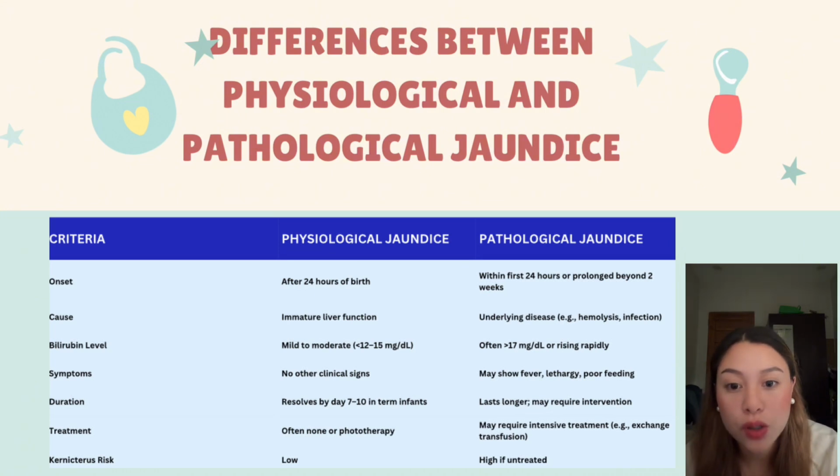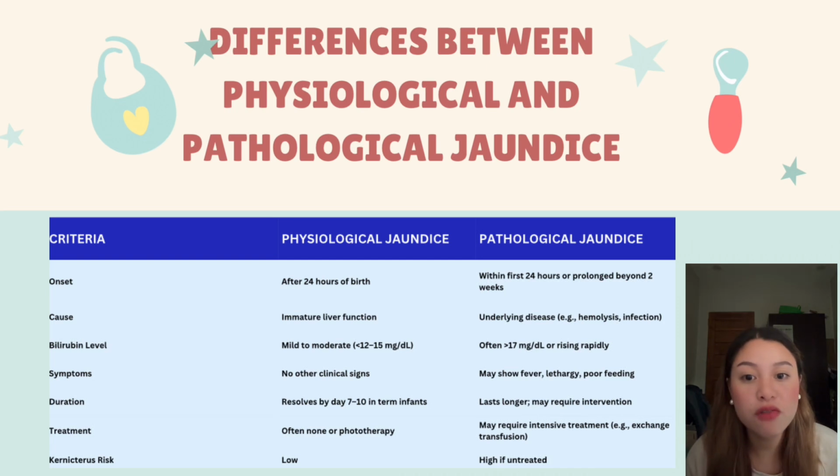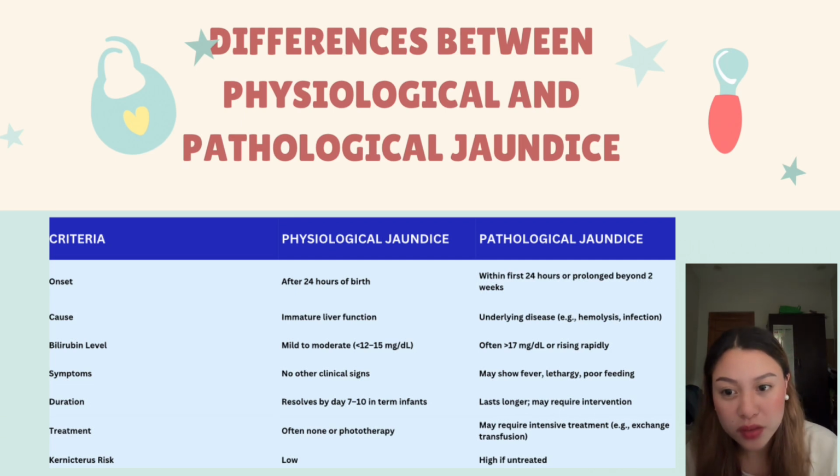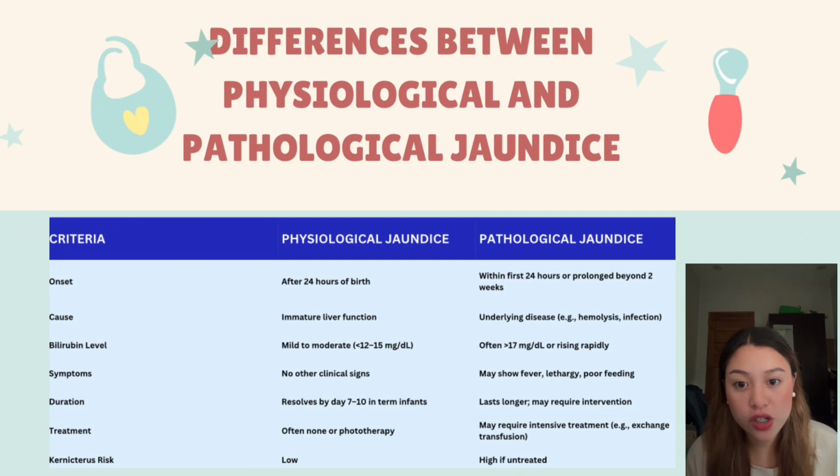For the symptoms, for physiological, no other clinical signs, and for pathological, may show fever, lethargy, or poor feeding. For the duration, physiological resolves by day 7 to 10 in term infants, and pathological lasts longer and may require intervention.